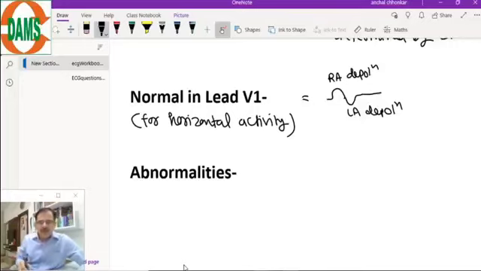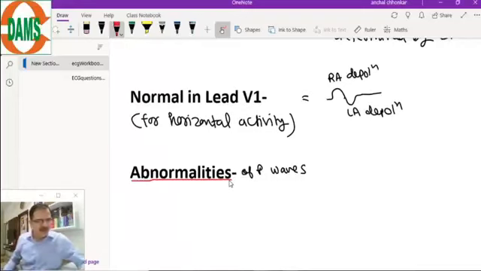Now remember, the morphology of the P wave is different in different leads because of their placements, and because of whether they are detecting a vertical plane or a horizontal plane. Now come to the abnormalities of the P wave.